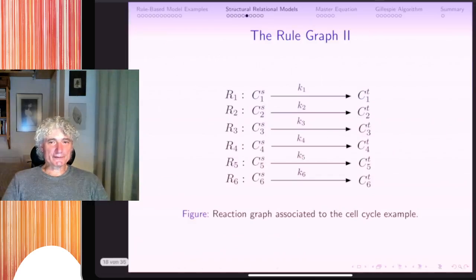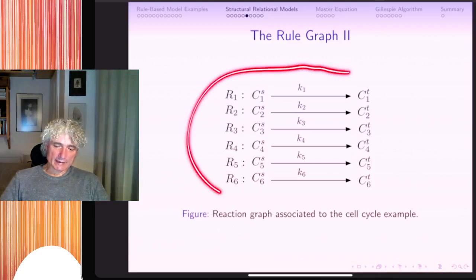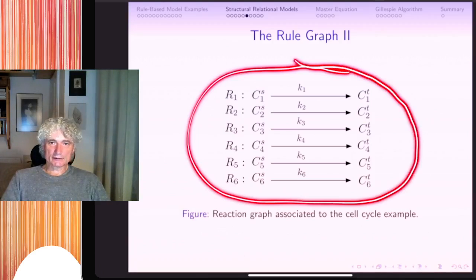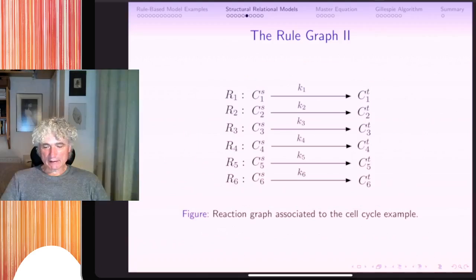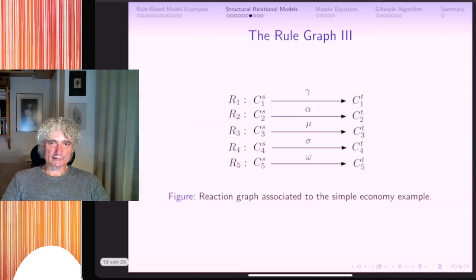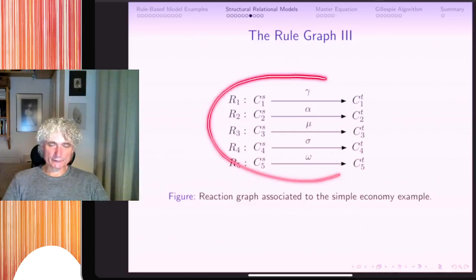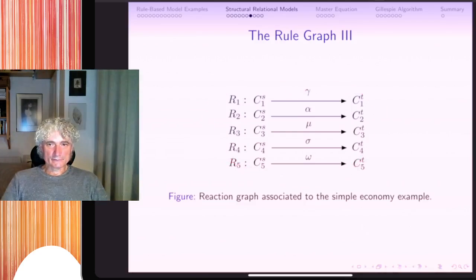So it's very straightforward to look at the rule graph. Here for the cell cycle model, you have these 6 reactions or rules, and you can right away write down this rule graph for this model, and it's the same for the economic model. Again, you can just write down the rule graph like that.